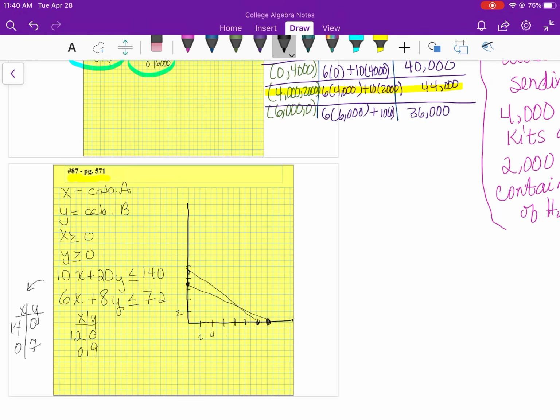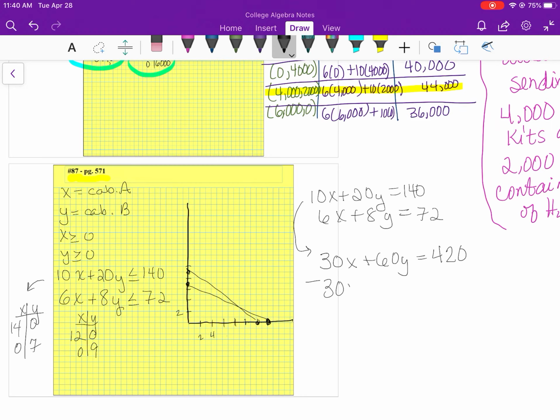All right, that point of intersection, again, for me, it's going to be hard to find because my lines aren't straight. So I'm going to go ahead and do my substitution or elimination here on the side to see where my lines intersect. I think I'm going to make these both 30s, so multiply by 3. And by a -5.